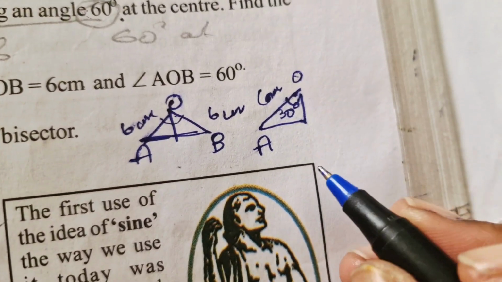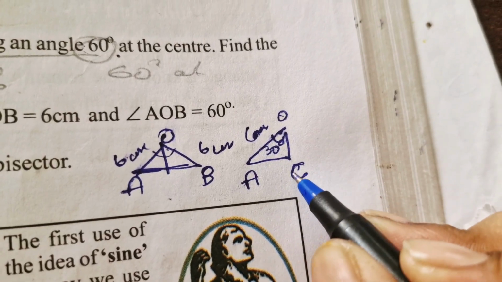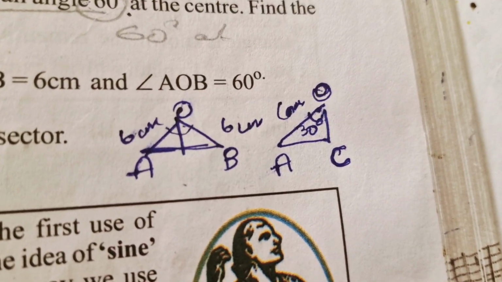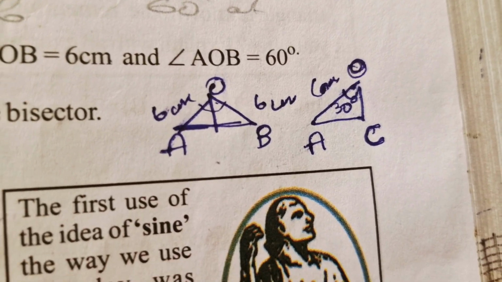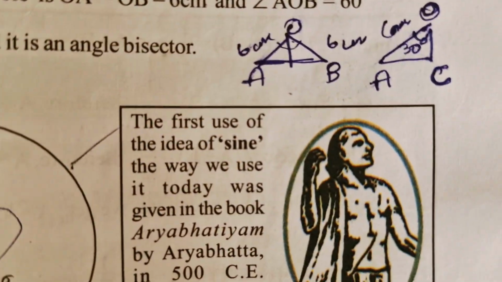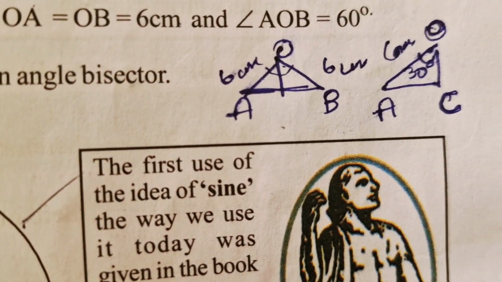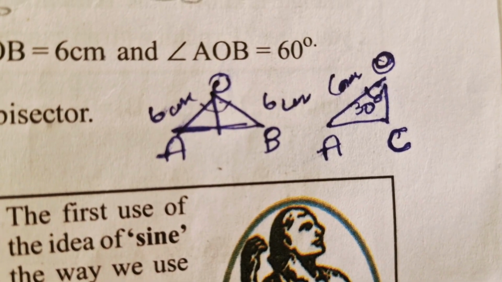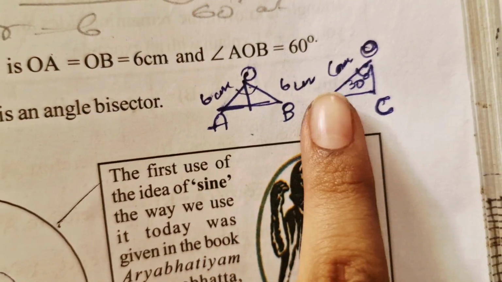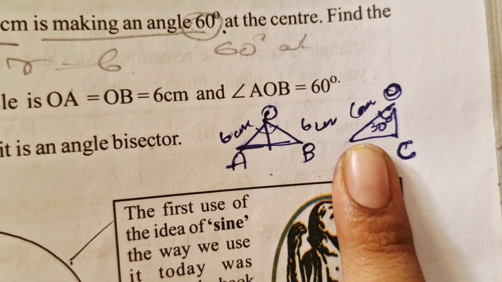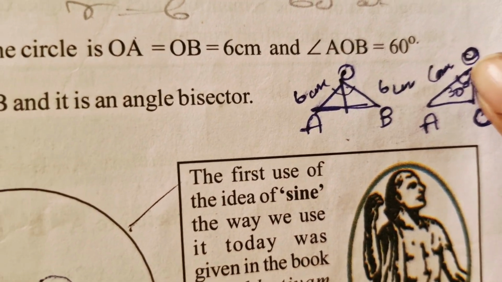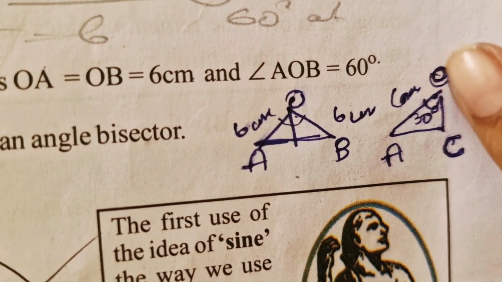We can assume this side over here as C, and this is O, as you can see. So let us find the length like this. They have given 6 centimeters over here, and this is the angle, 30. What relation can we take here?